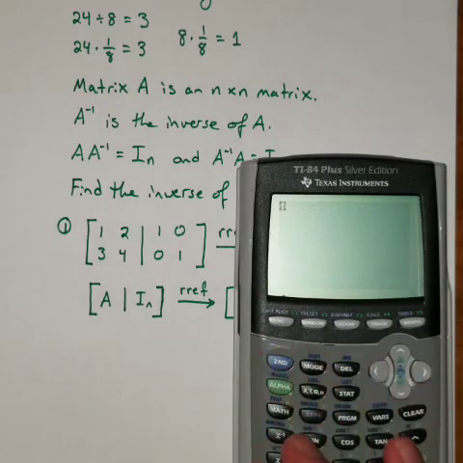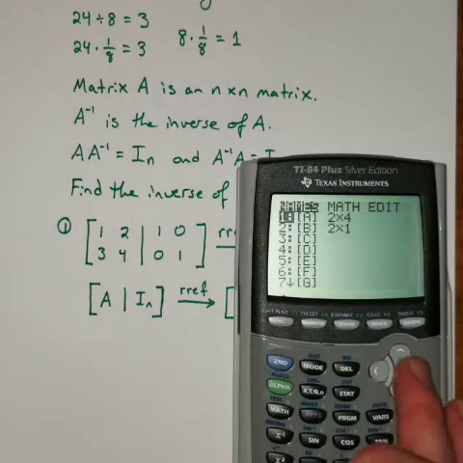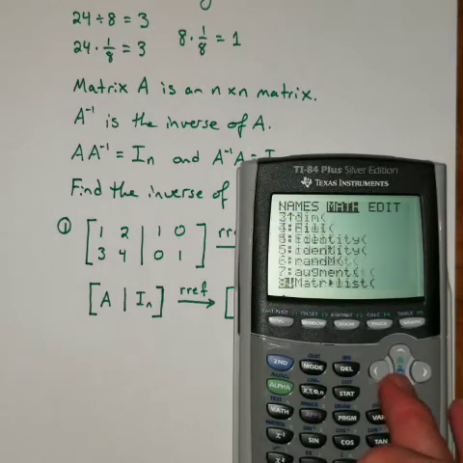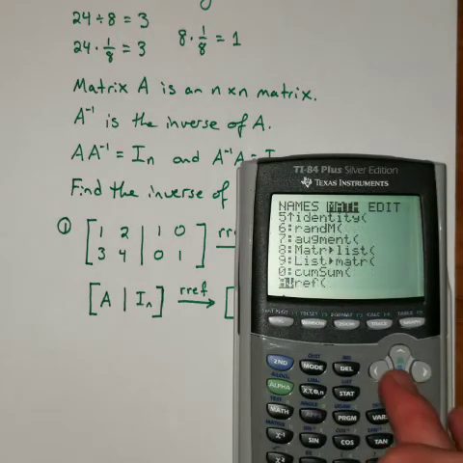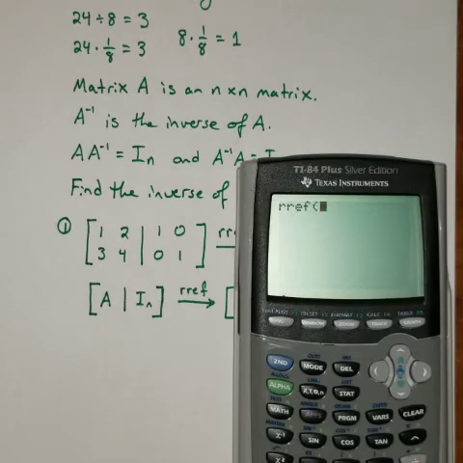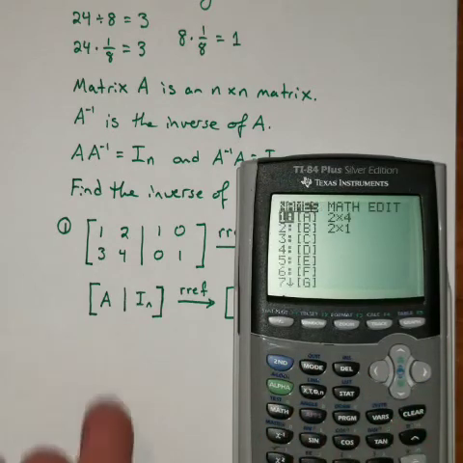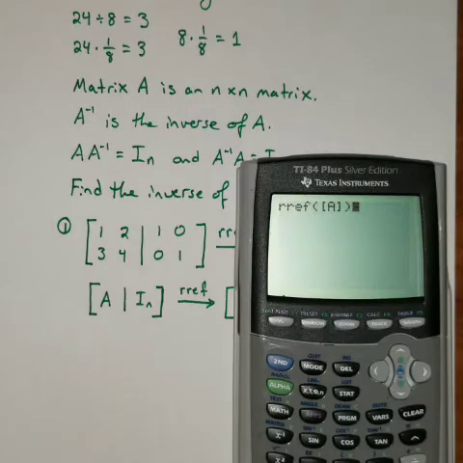And then if I go with the matrix menu over to math, down to RREF, go back into the matrix menu. This should not be new stuff to you. Hopefully you nailed down this reduced row echelon form back in section 8.2.